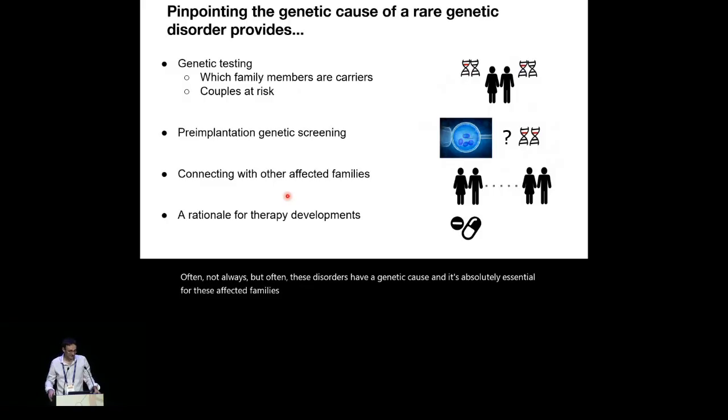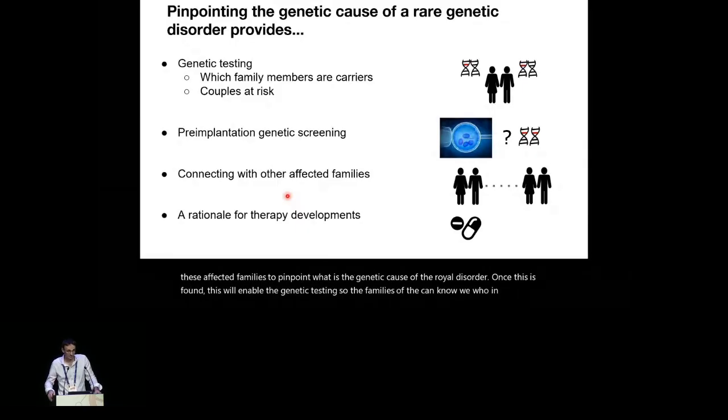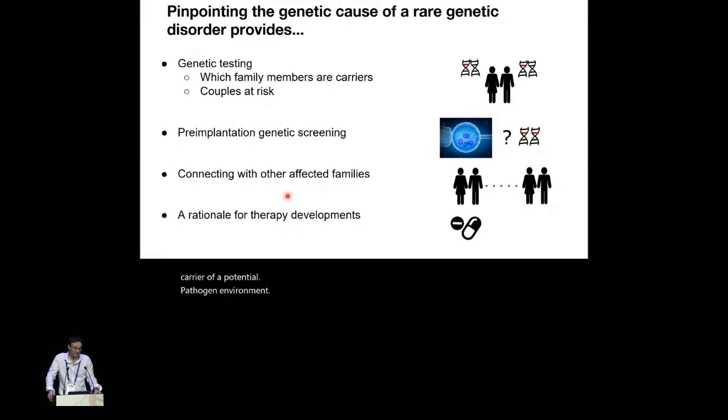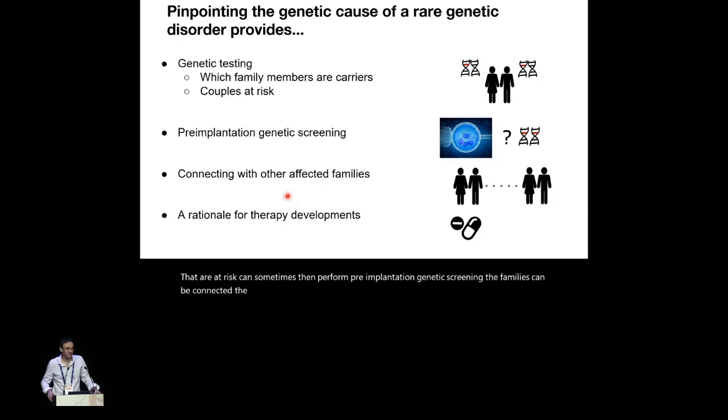Once this is found, this will enable genetic testing, so the families can know who in the family is a carrier of a potential pathogenic variant. Couples that are at risk can sometimes then perform pre-implantation genetic screening. The families can be connected, and the clinicians following those families know they work on the same disease.